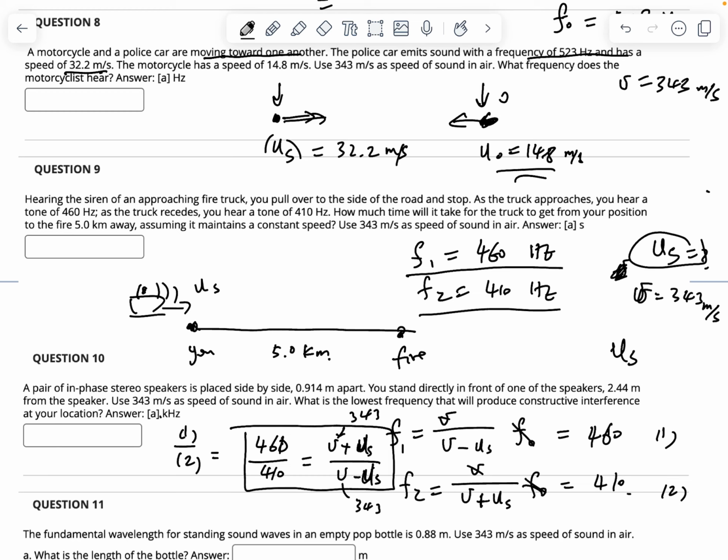Solve for Us, right? And then after you solve for Us, then you know this guy's speed. So the time equals distance, 5.0 kilometer, divided by Us. All right, so that's the time. That's number 9. Number 10.